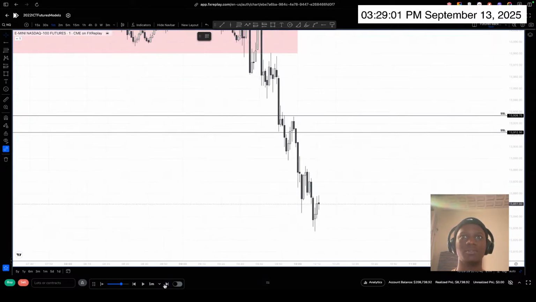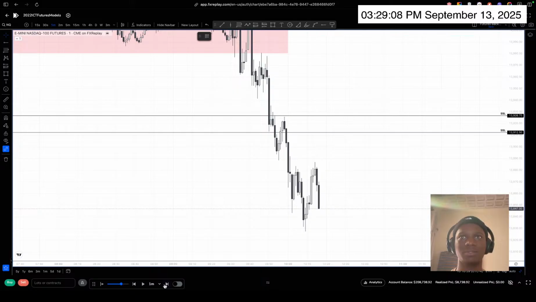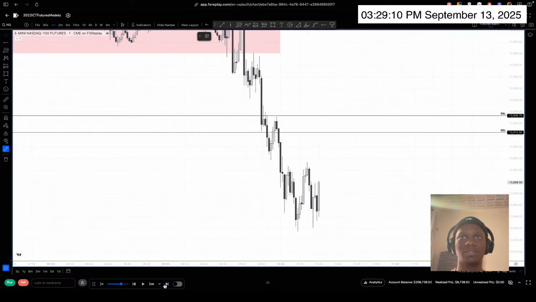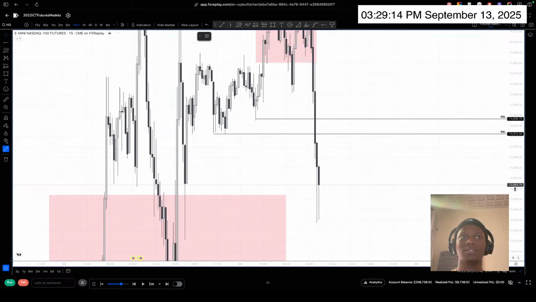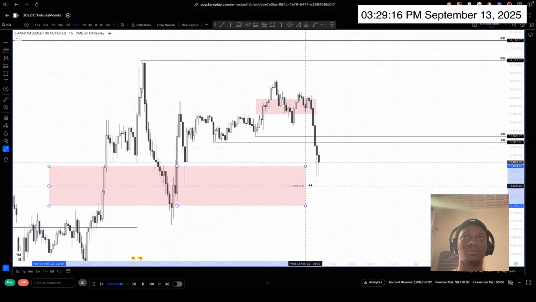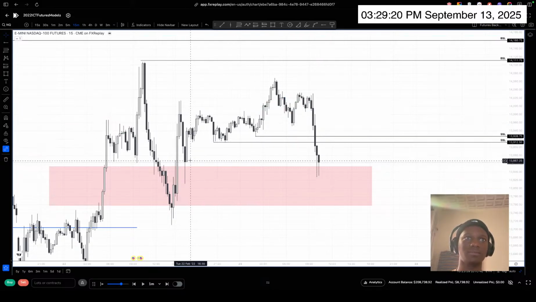Well, the drop continues. It doesn't look like we're getting any shift anytime soon. Now when I go up to 15, you can see it's like we've retraced into this 4-hour gap after taking out this, and there's also this inside gap here.